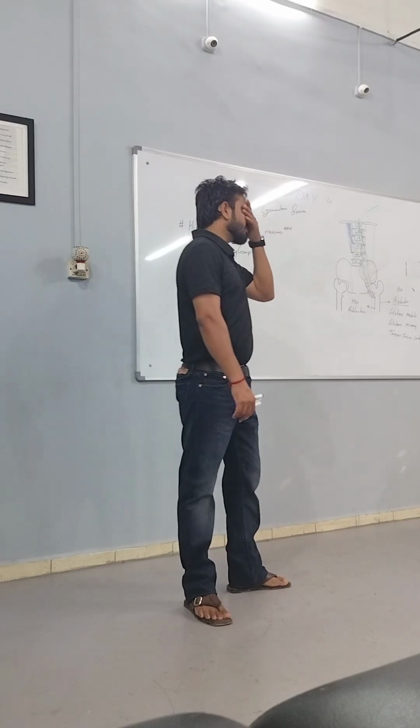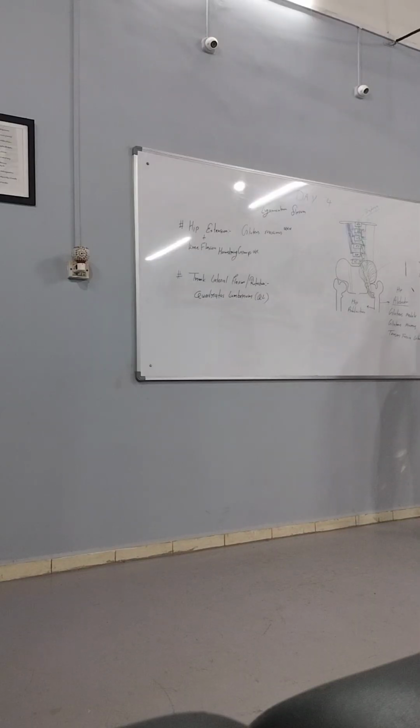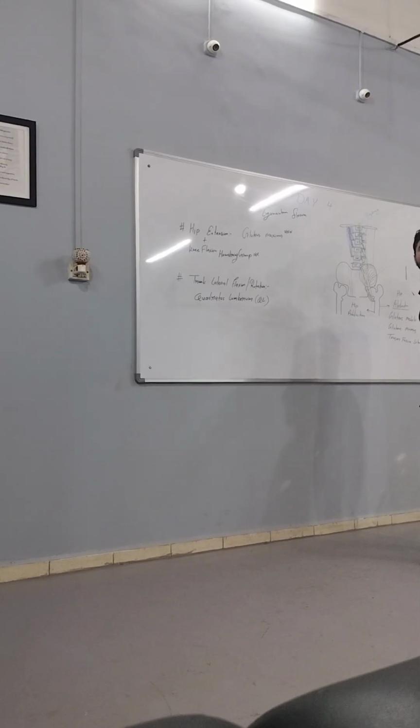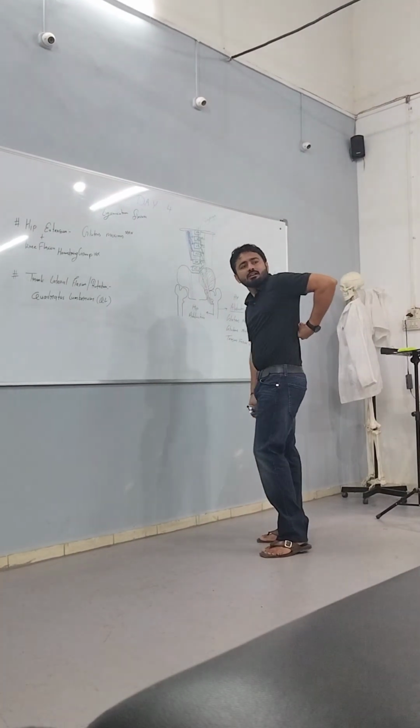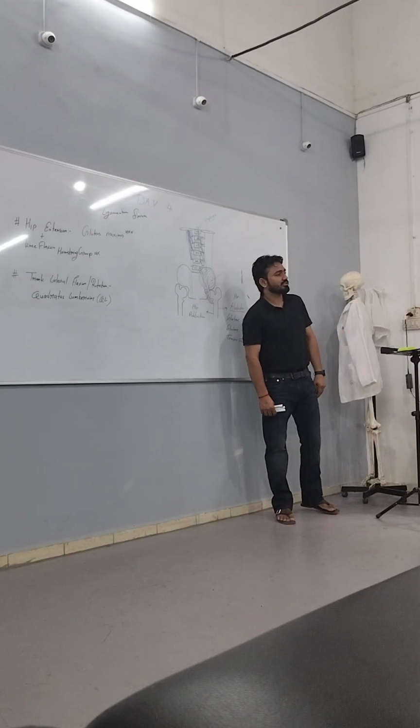The origin is the spine, the insertion is the rib. The patient will feel the pain here around the kidney. He will complain, I have some pain here on the rib and here on the kidney. That is the upper filaments of the QL muscle.